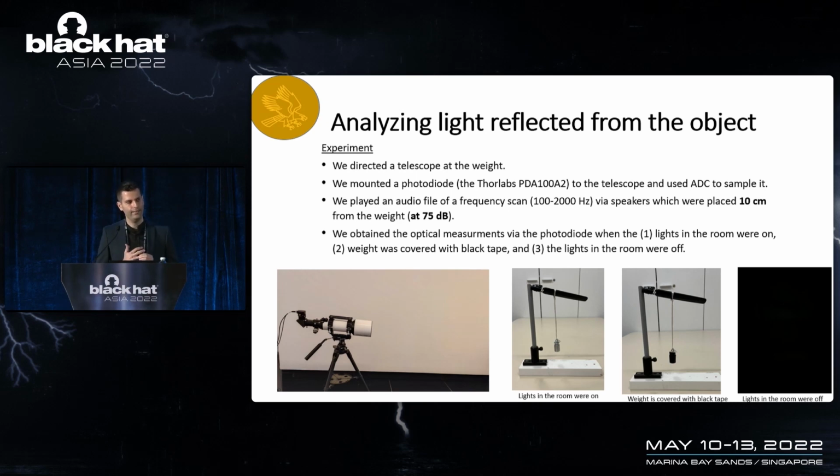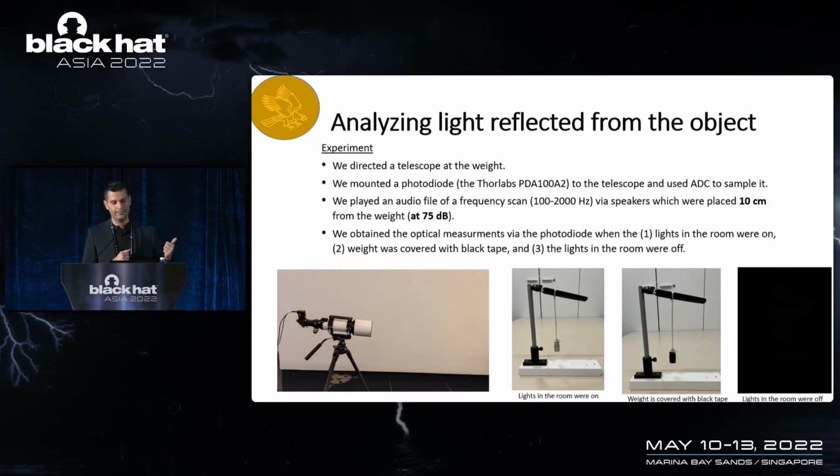Now we played again a frequency scan between 100 Hertz and 2000 Hertz via the speakers, which were placed about 10 centimeters from the weight, again at a sound level of 75 dB. And we obtained the optical measurements in 3 experimental setups.